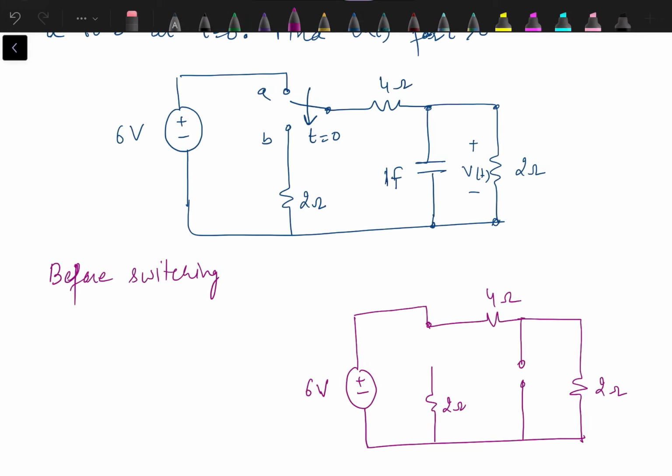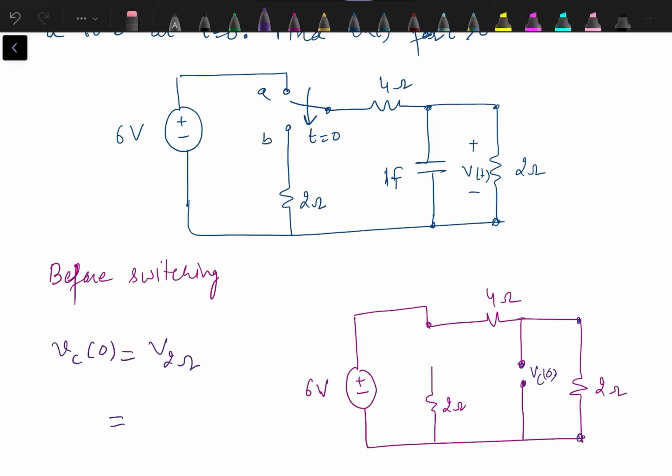So in order to calculate the voltage across this capacitor, that is Vc0, we actually need to calculate the voltage across 2 ohm resistance since they are connected in parallel. Vc0 will be same as voltage across 2 ohm.